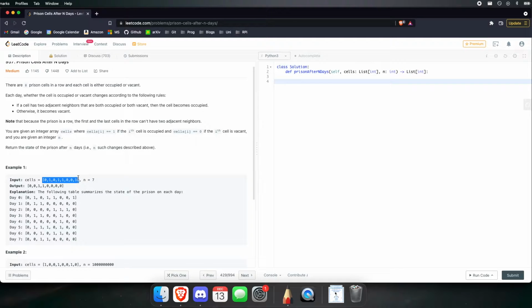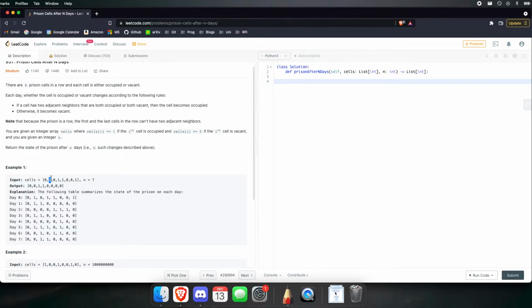Here we're given cells and we're given n is equal to 7. And on the 0th day, we have this one right here. But on the next day, things change. As you can see, this 0 does indeed stay 0 because it doesn't have 2 adjacent neighbors, as noted right here.